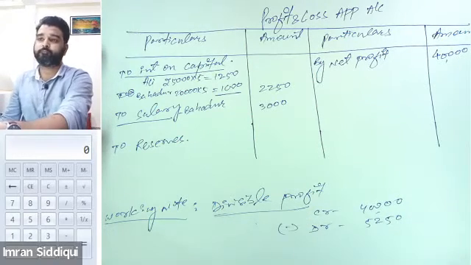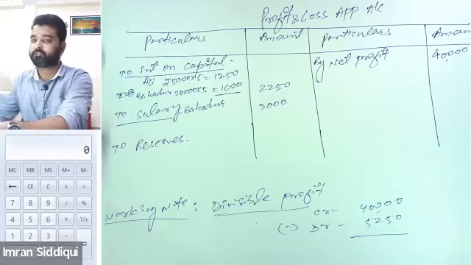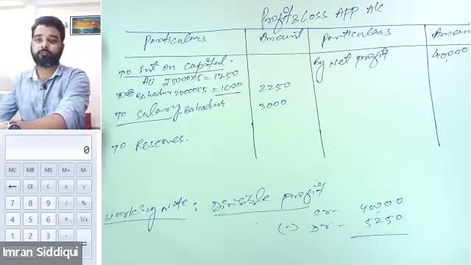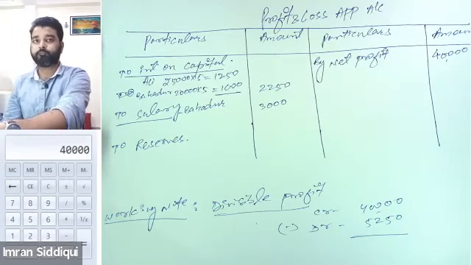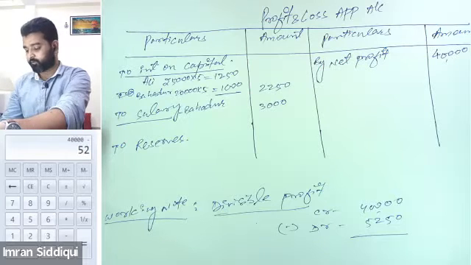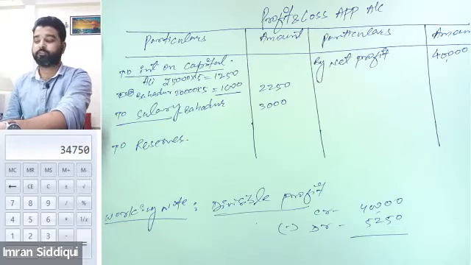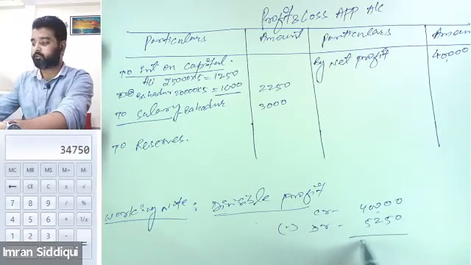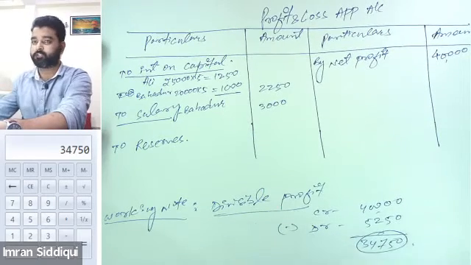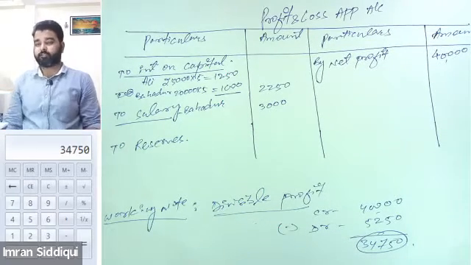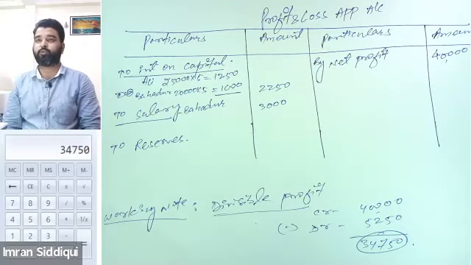Now we will subtract this value out of 40,000. Subtracting 5,250, it will be 34,750. This is the divisible profit. Tell me, guys, is the calculation of divisible profit clear to everyone? Yes, sir.